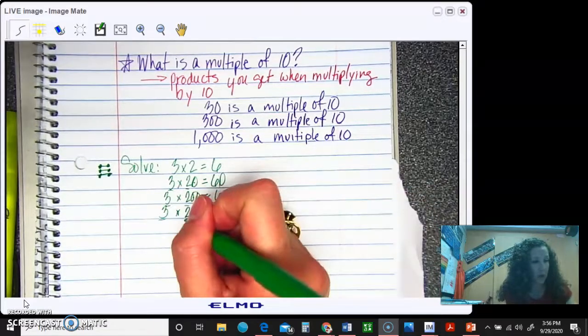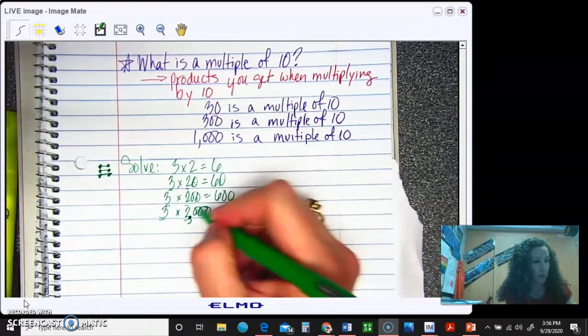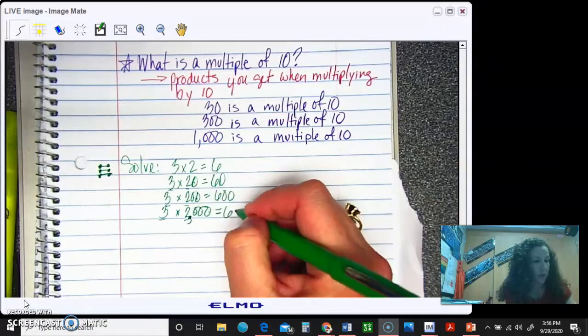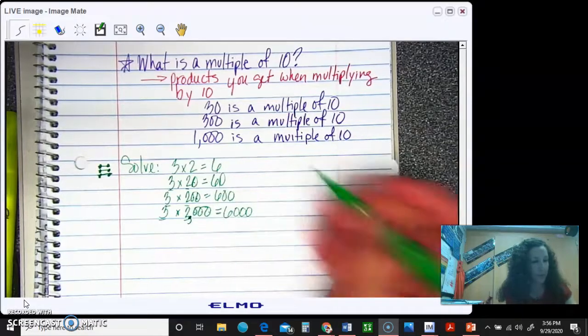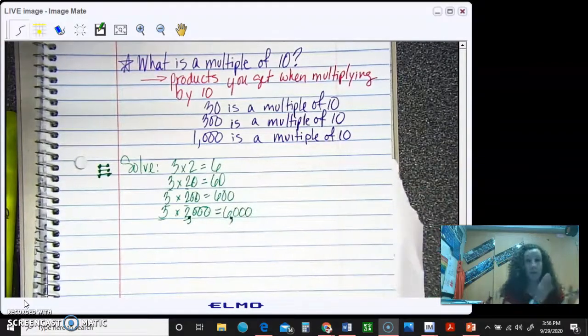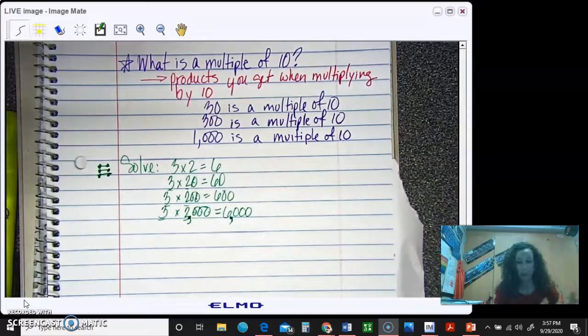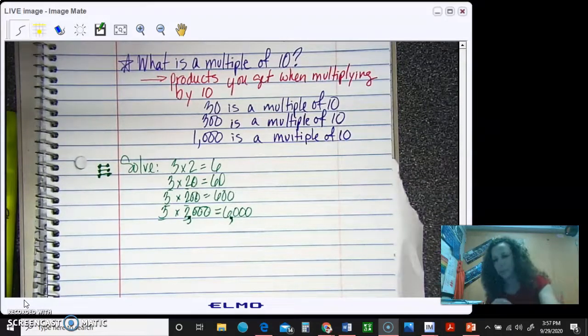So you've got 3 times 2 is 6. And you have 1, 2, 3 zeros. Do you see the pattern? Math is about patterns. Okay, now we're going to do another one. It should be clear once we get going, these patterns.